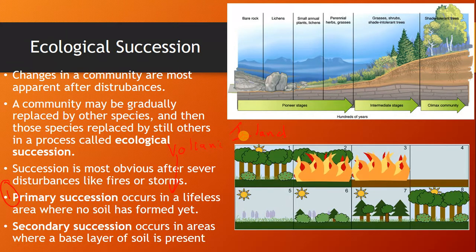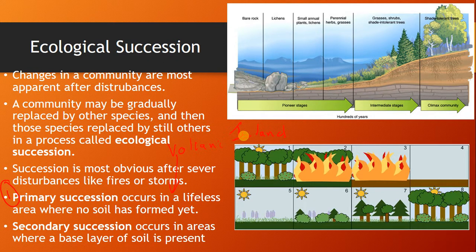It takes hundreds of years, and first lichens and some mosses start to grow and break down that rock into sand. Then as those first colonizers, the moss and the lichen, die, that organic matter becomes soil, and then new seeds are able to grow in that soil, and new plants and new organisms migrate.